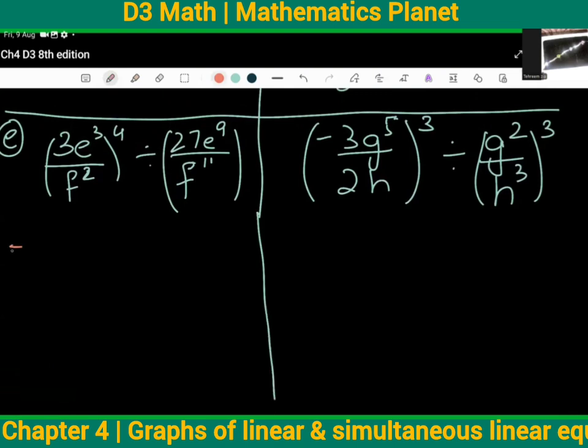So here we will get 81e to the power 12 divided by f², divided by 27e to the power 9 divided by f¹¹.